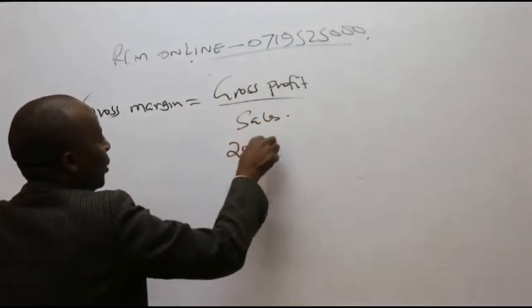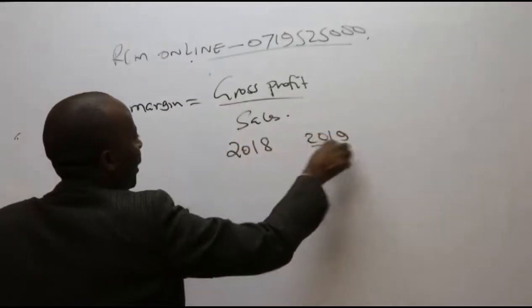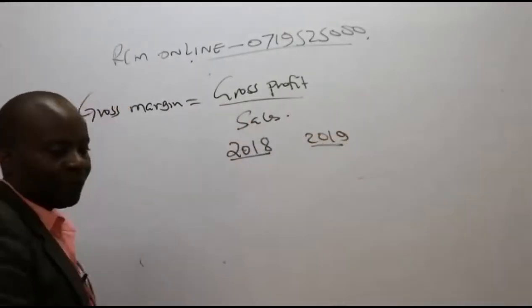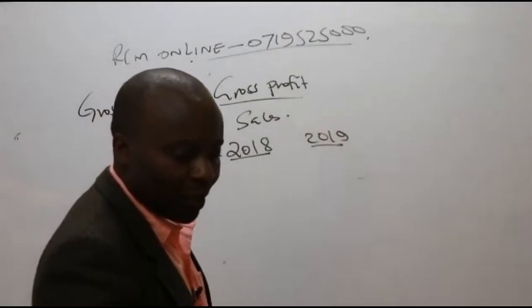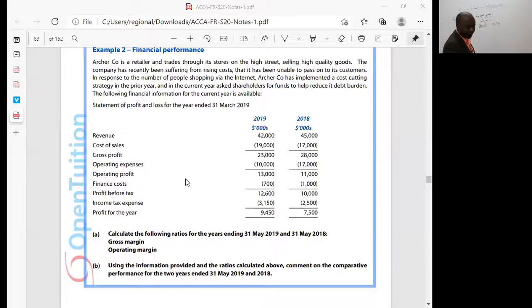So we have the year 2018 and the year 2019. They want us to do comparatives. If you look at the statements given here, 2018 is this one. Sales is the same as revenue. You'll be able to see the gross profit for 2018 is 28,000.